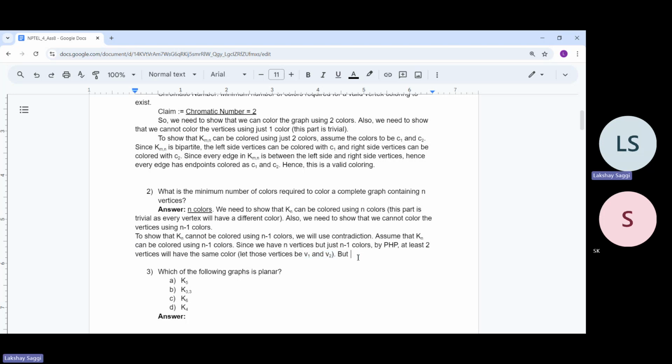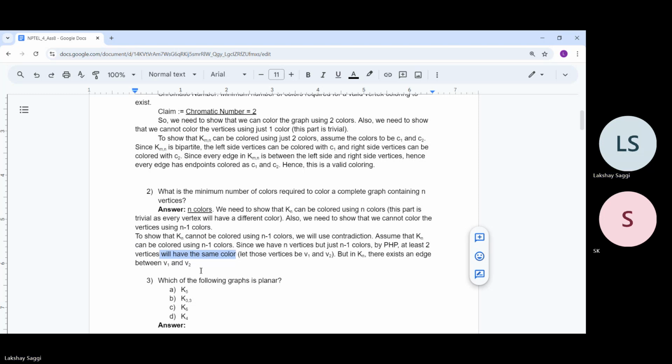But in Kn, there exists an edge between V1 and V2. And if there exists an edge between V1 and V2, but V1 and V2 have the same color, then this is not a valid coloring, right? Because for every edge, the endpoints must have different colors.